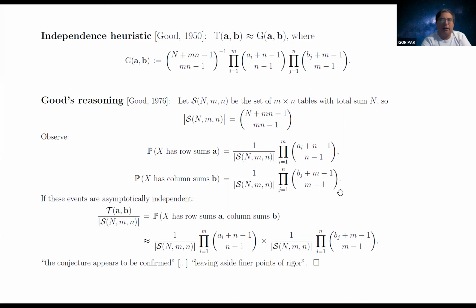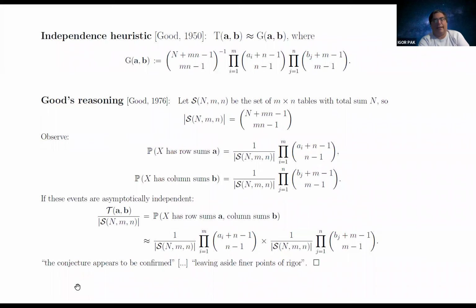If they were independent, then on one hand, this probability is equal to the ratio of the number of contingency tables divided by the total number of such tables. And on the other hand, this would be a product of these two. And if you just do the algebra, you get this formula.